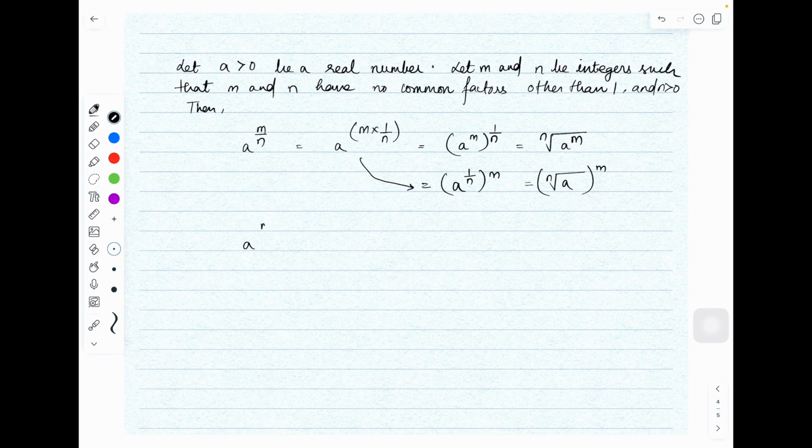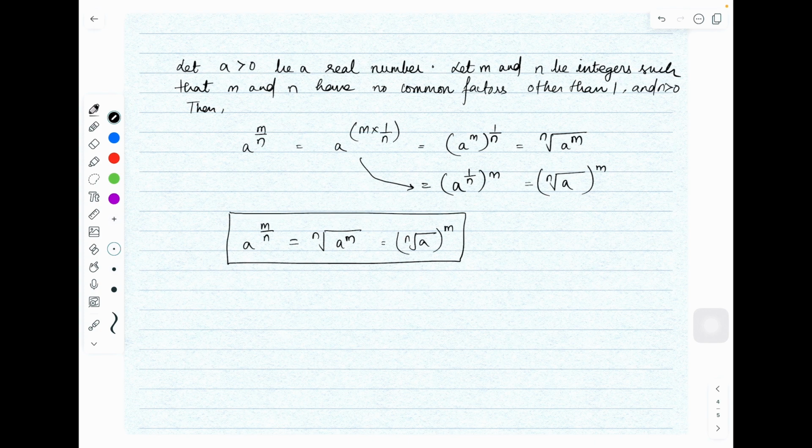So the formula is actually a to the power m by n can be written as either nth root of a to the power m or nth root of a whole to the power m. Okay, so this is the formula. Understood?